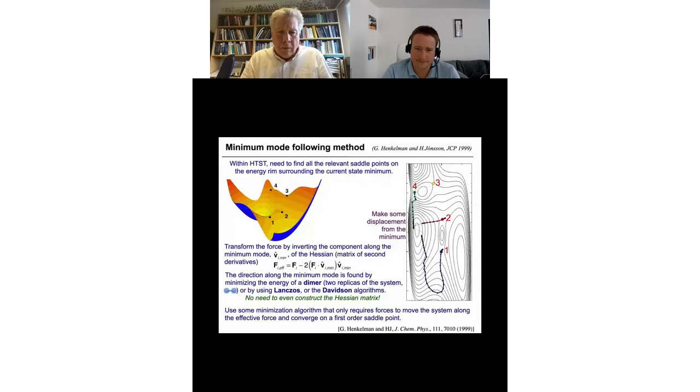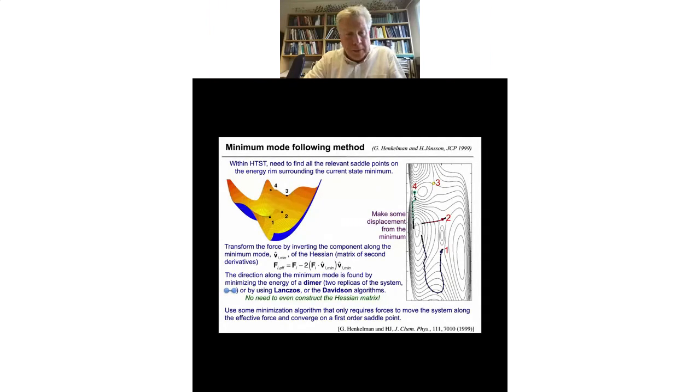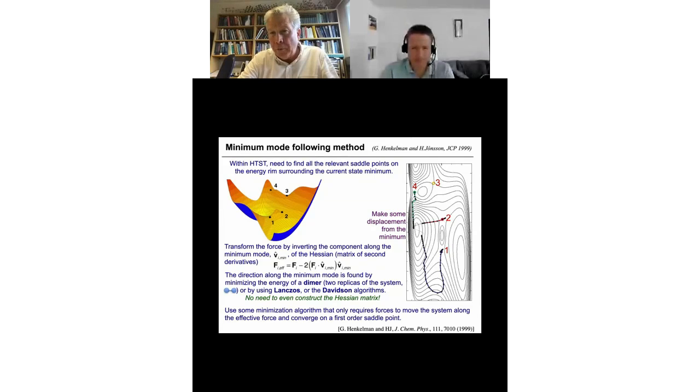Exactly. So here's shown to the right as a schematic, a contour plot of the energy surface shown to the left. What's being shown here is that one makes some random displacement from the initial state minimum. In the green curve, you make a little random displacement to the left, and then one can start climbing up the energy surface with this projected effective force, and you converge onto saddle point 4.